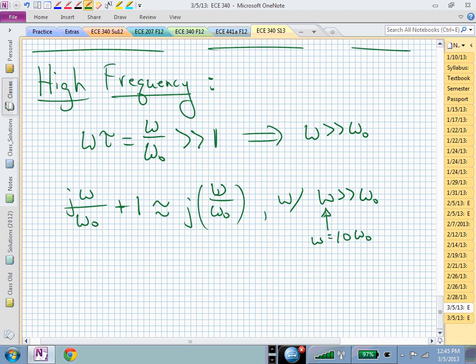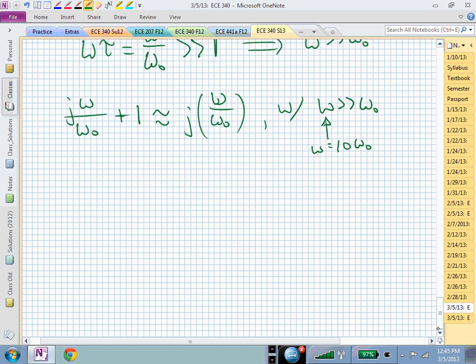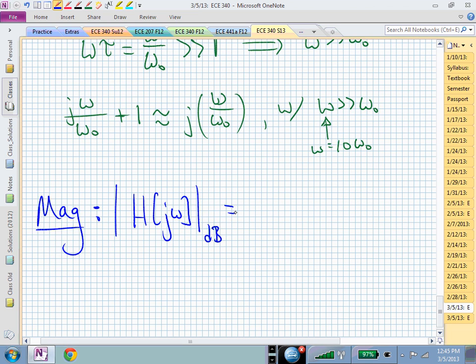Now we can do what we did for the low frequency case. Now we can look at the magnitude and the phase under those approximations. We now have this magnitude of H of j omega. When we're doing the approximation, we now have plus and minus 20 times n log of whatever it was that we said we were approximating it by.